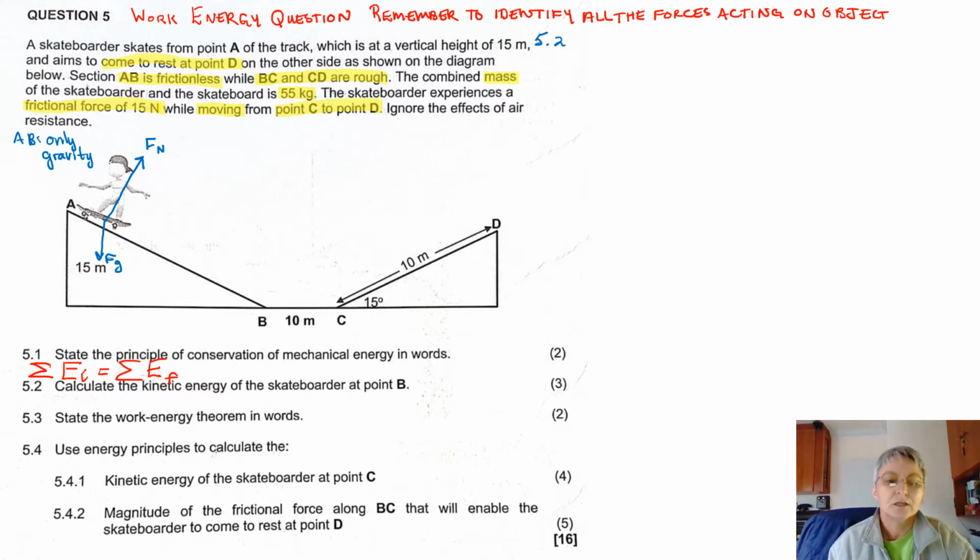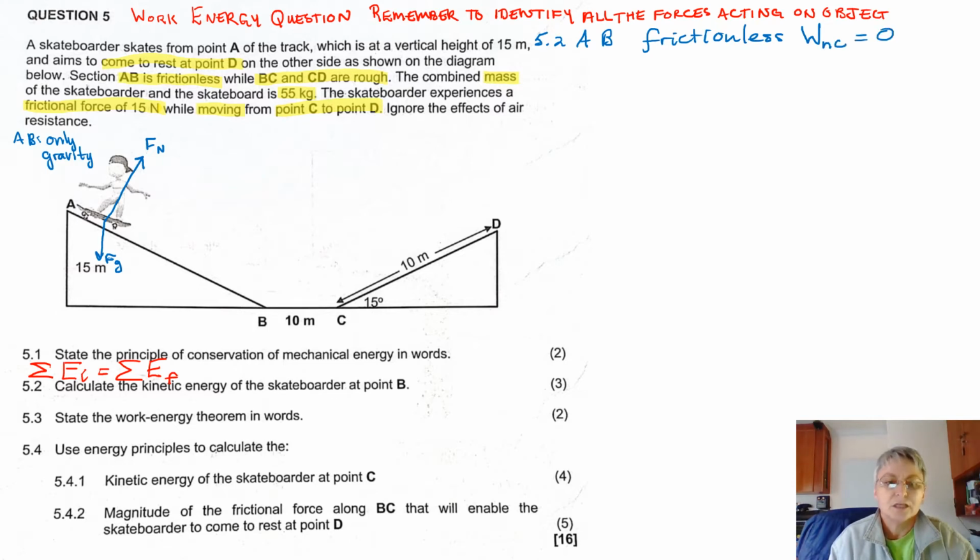5.2 is the point of concern, so I'm going to work through question 5.2. It says calculate the kinetic energy of the skateboarder at point B. Now, from A to B, it's frictionless. So, in other words, the work done by any non-conservative force will be zero.